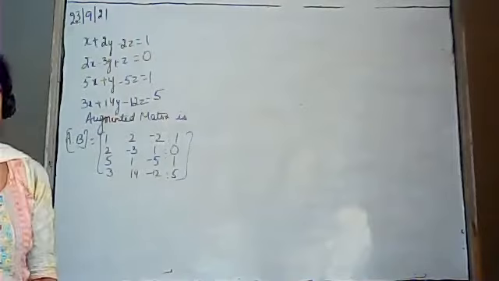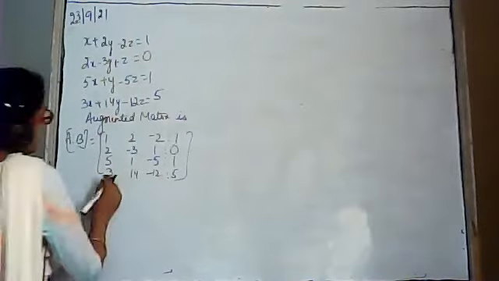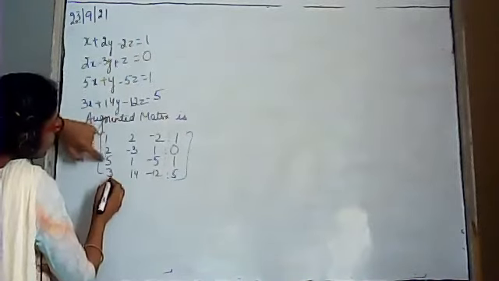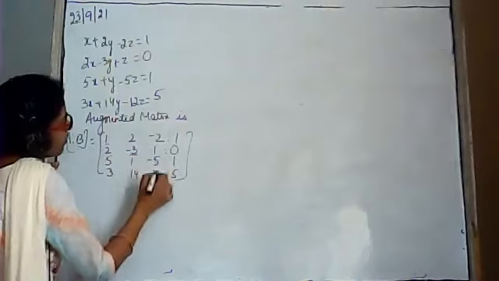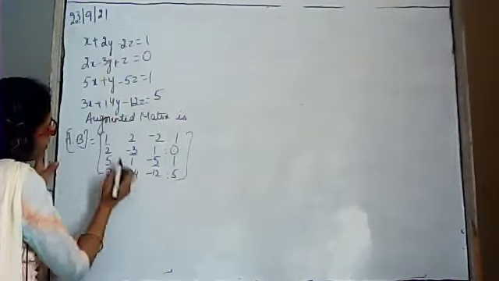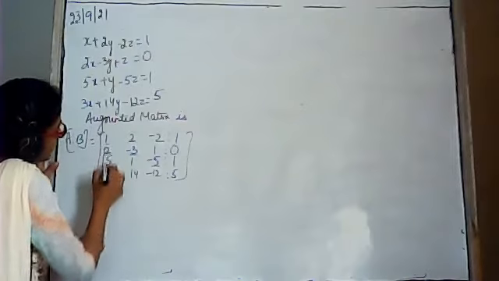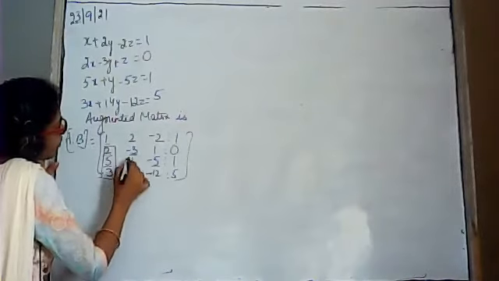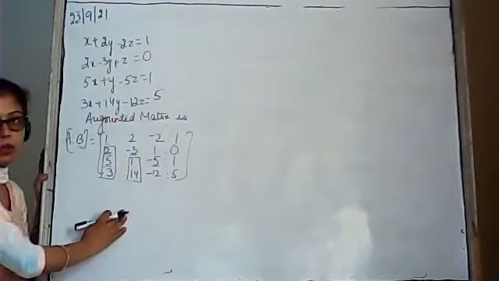This is our augmented matrix. Now, this element is again 1. We are to make firstly these three elements 0 in the diagonal column; after that, we will be making these elements 0.